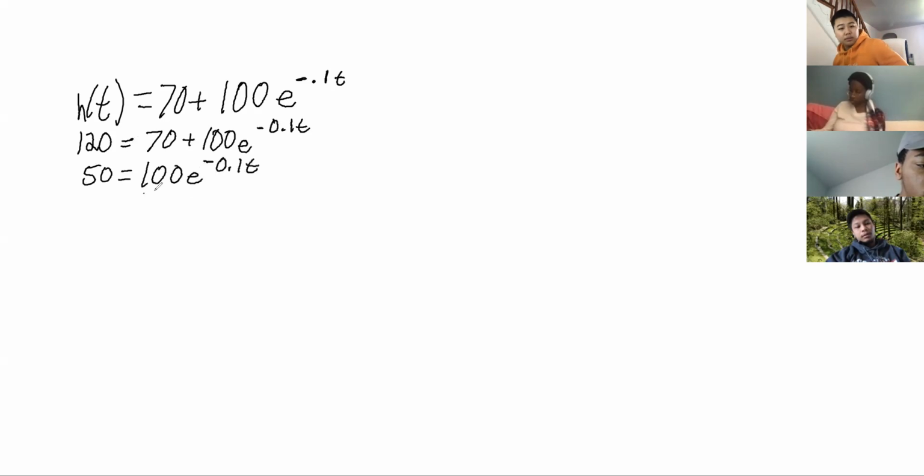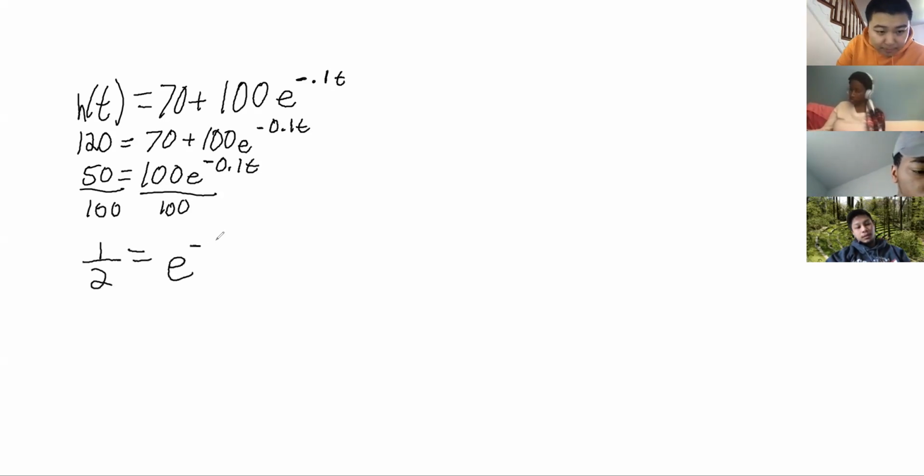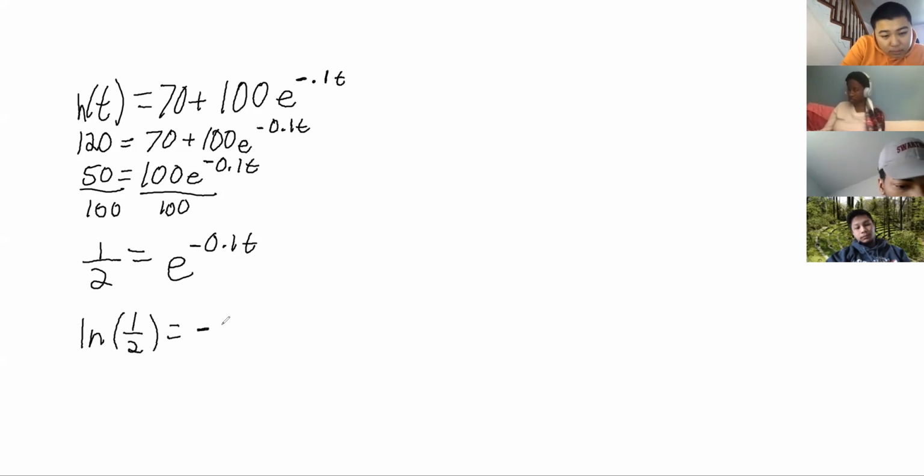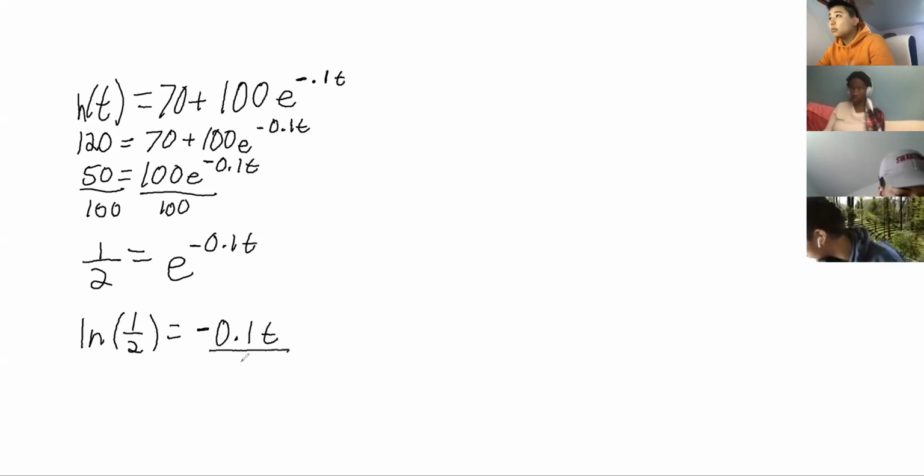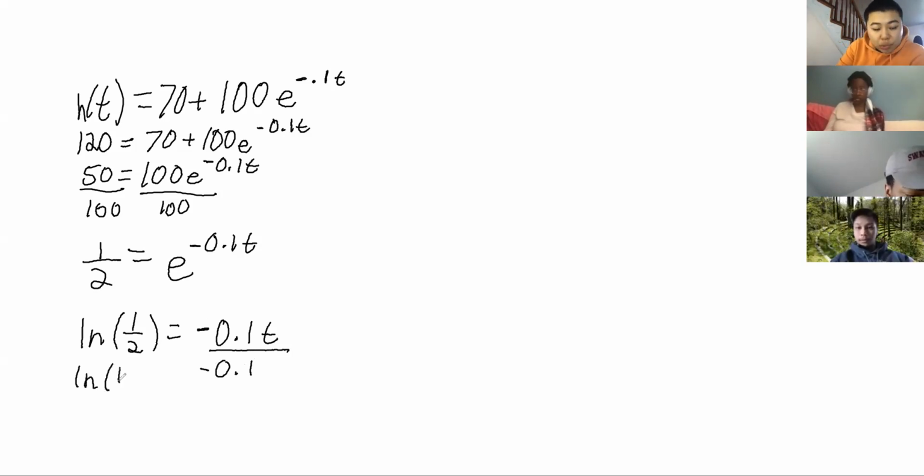Divide by 100, which is a half. And we essentially have this function in which we can take the natural log of each side, and then divide by negative 0.1, but let me find out what ln of a half is.